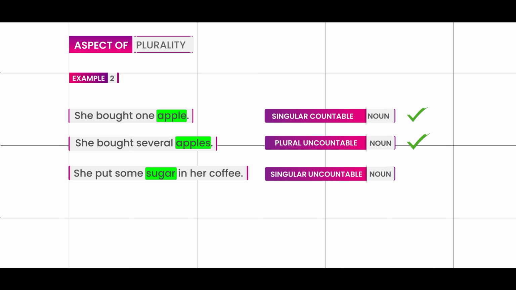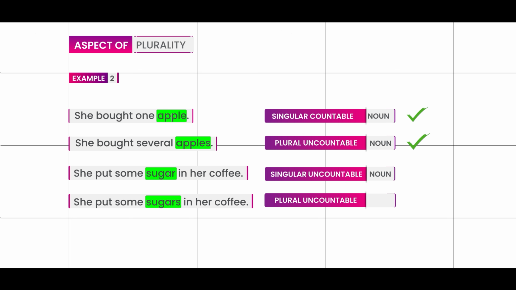And now have a look at this sentence: she put some sugars in her coffee. This sentence is invalid in English because the word sugars does not exist in the vocabulary of English. Sugars might sound like a plural uncountable noun, but what you need to understand is that uncountable nouns cannot exist in the plural form.